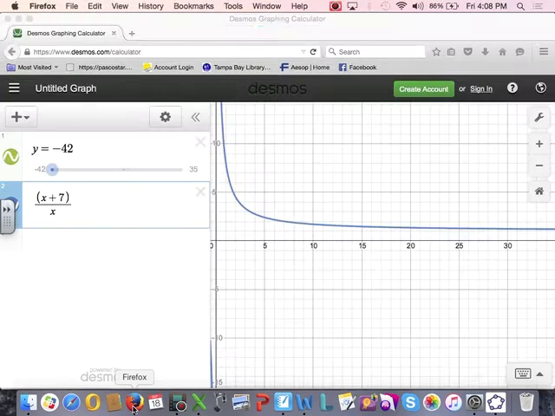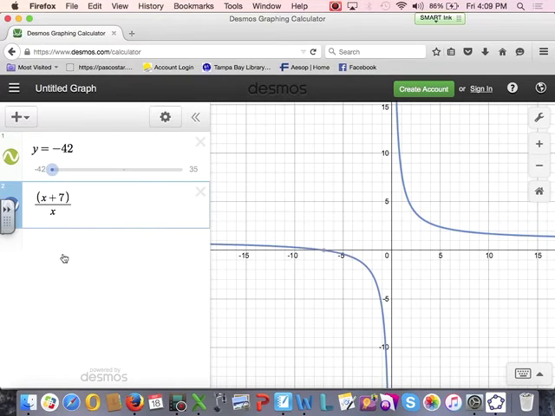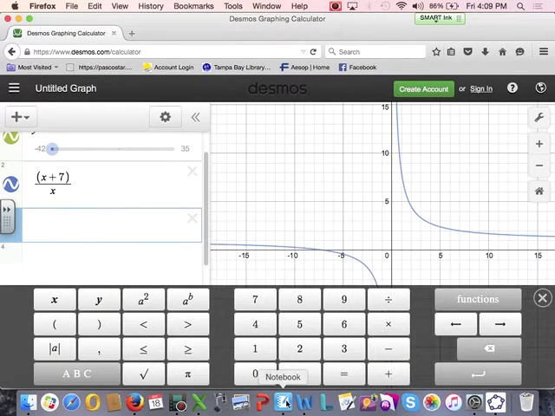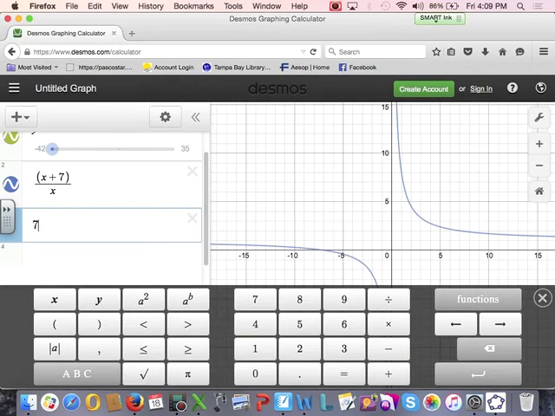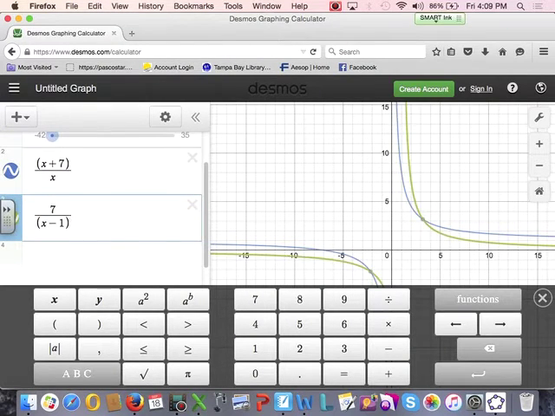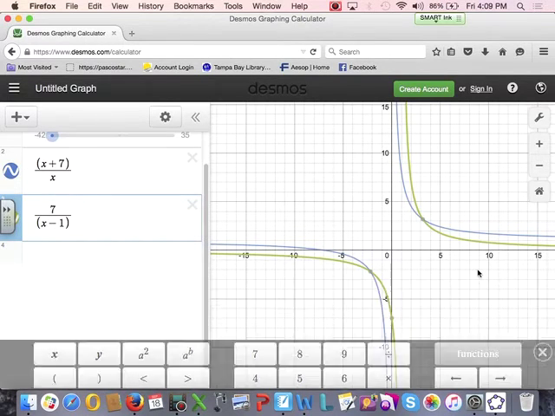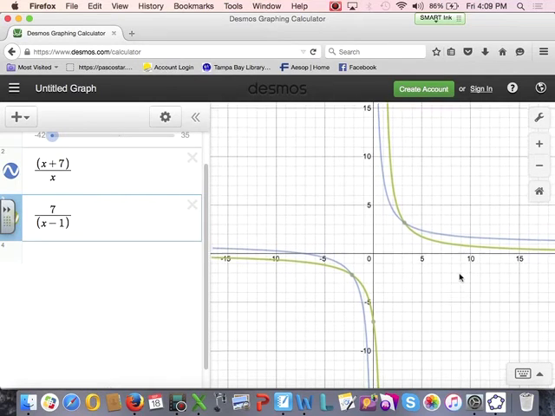So let's take a look at the domain and range of that function. So my original function is graphed here. My other equation, its inverse, was 7 over x minus 1. And so in the domain of my inverse function, which is green, we talked about how x cannot equal 1.